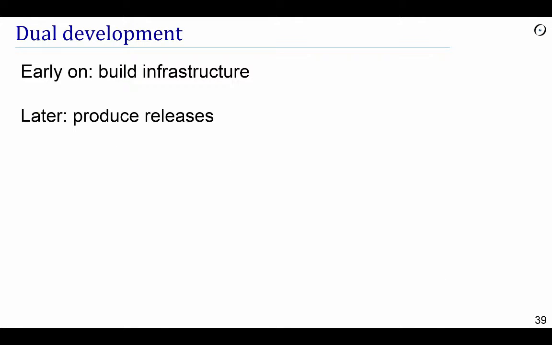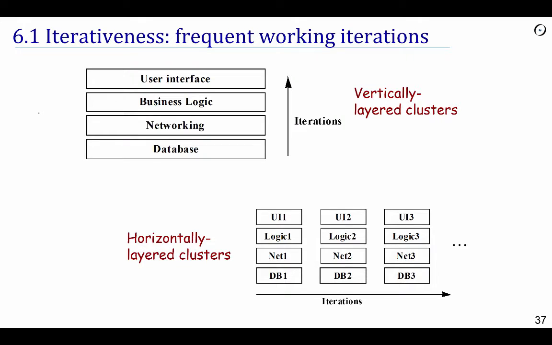The general question here is, how do we compromise, how do we integrate the two kinds of iterative development? Now, the first form, where we build the infrastructure first, the essential functionality, is really scorned by Agilists because it doesn't result in releasable systems right away.